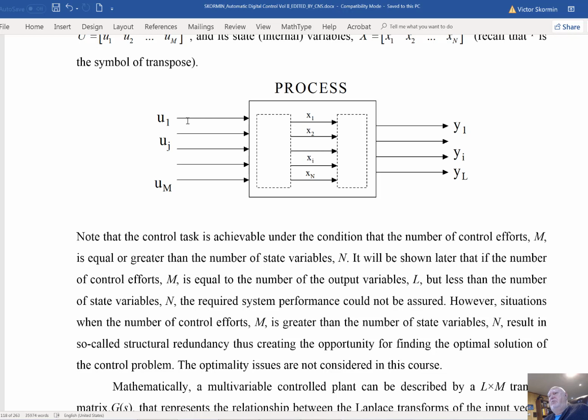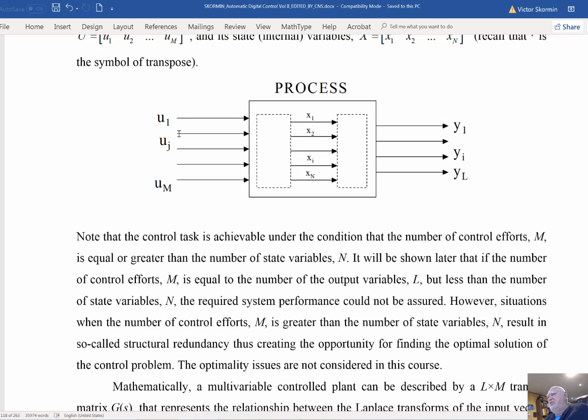When you apply input signal just at one of the inputs, and you see responses in all other outputs, it happens because the system is cross-coupled. Relationship between U1 and Y1 is known as the channel number 1 of the system, of the control process.